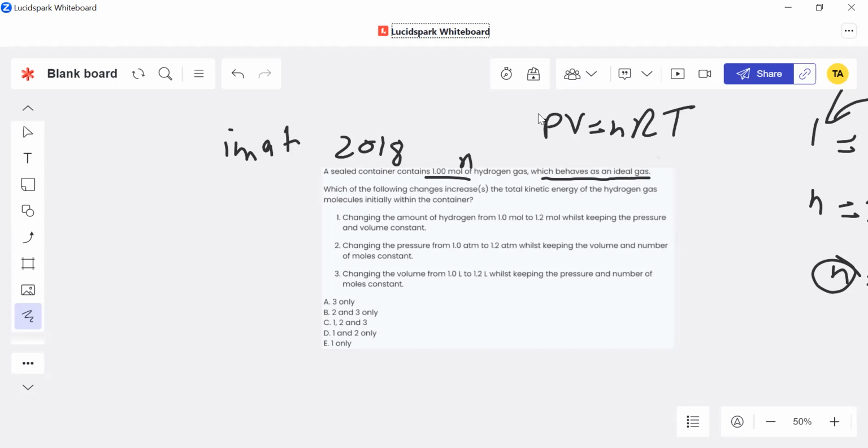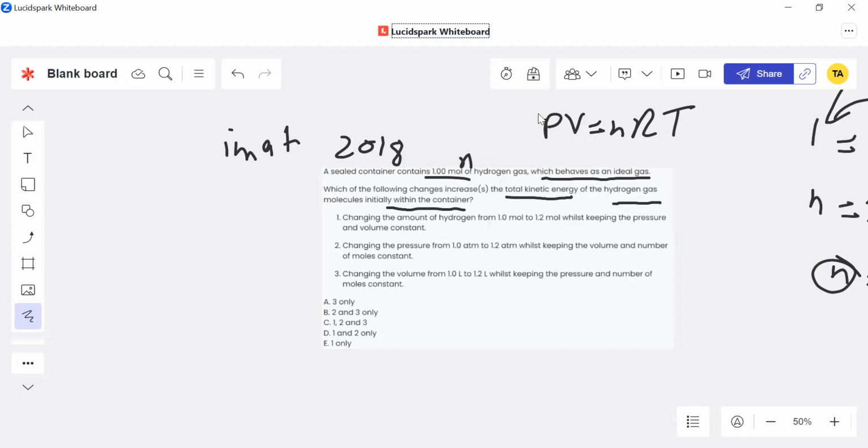This is called the ideal gas formula, and you'll use it whenever you see ideal gas mentioned in a question. Now, which of the following changes increases the total kinetic energy of the hydrogen gas molecules inside the container? So they're saying, what will change the kinetic energy of the hydrogen gas in the container?